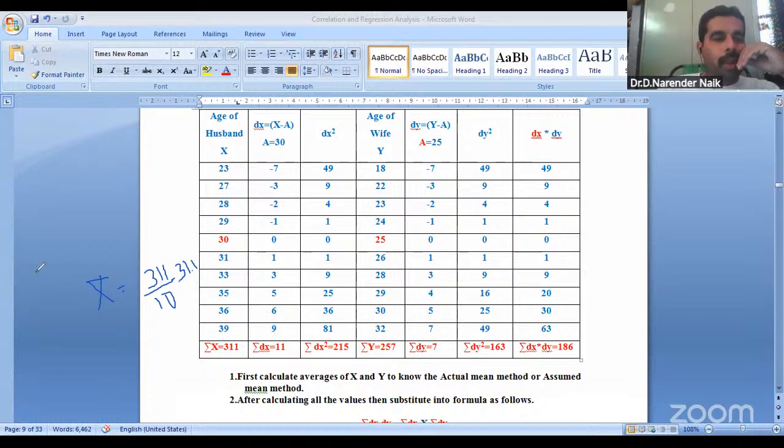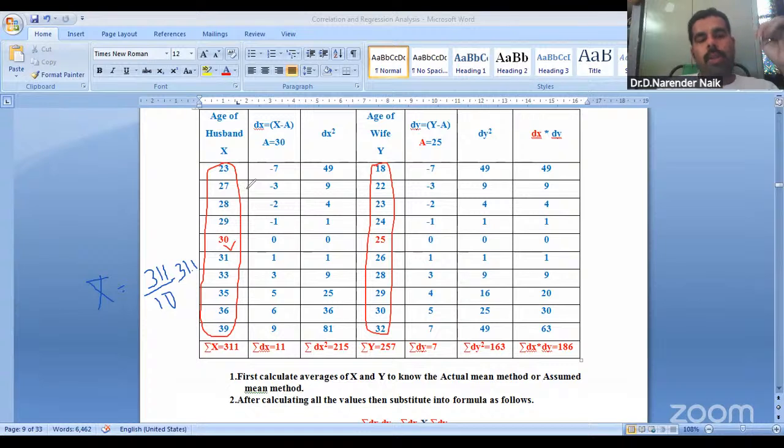So from these values, you can assume any number. So we have chosen this. If you want to take 23 or 27 or 28, 29, 30, 31, 33, 35, 36, 39, that is your wish. You can take any number.